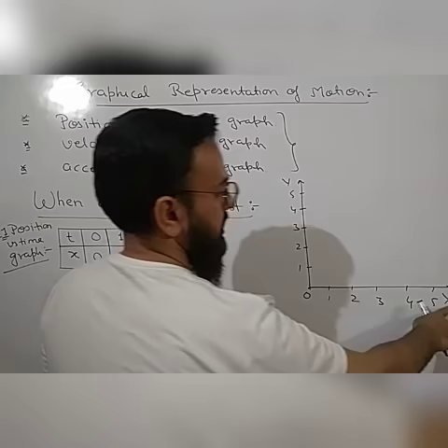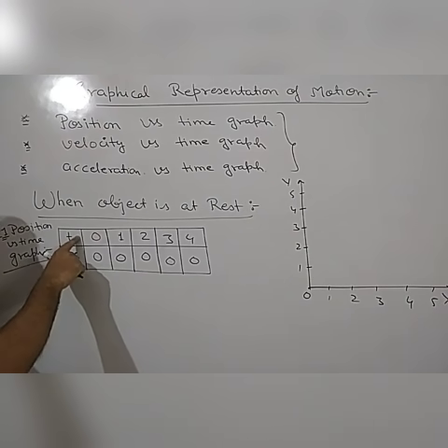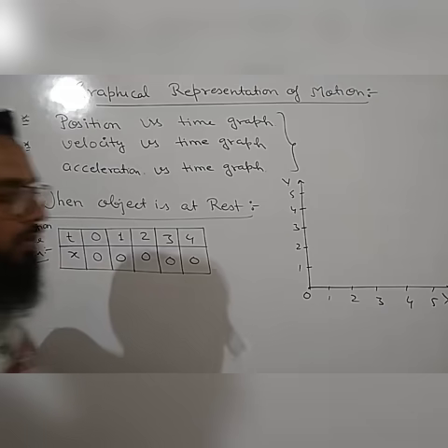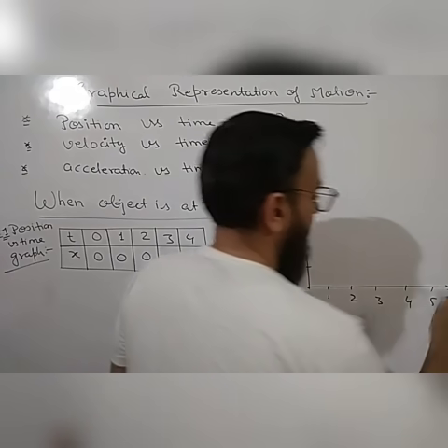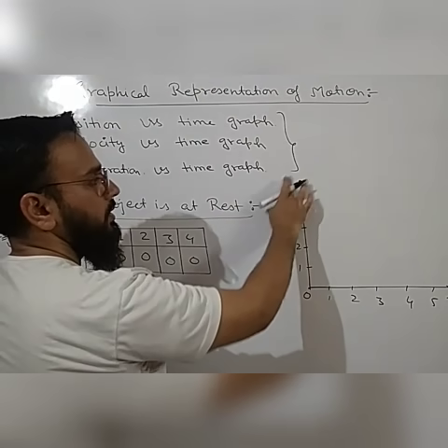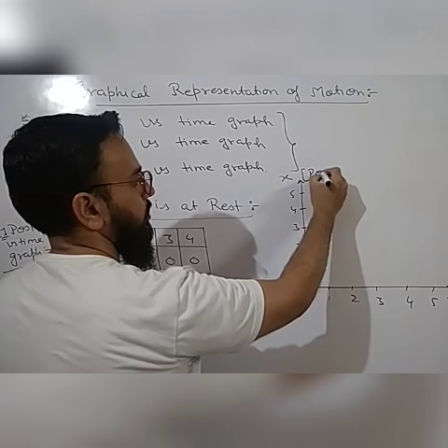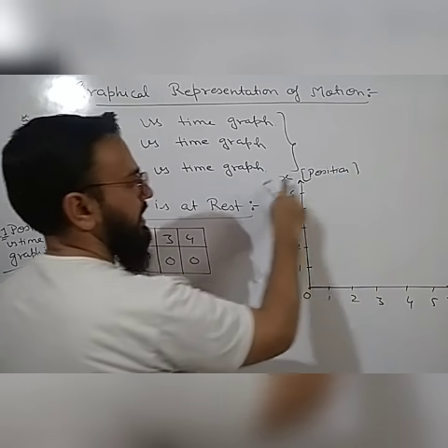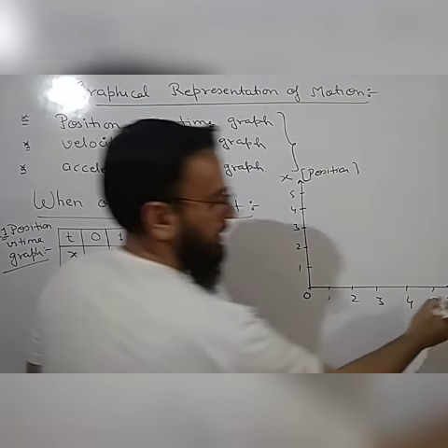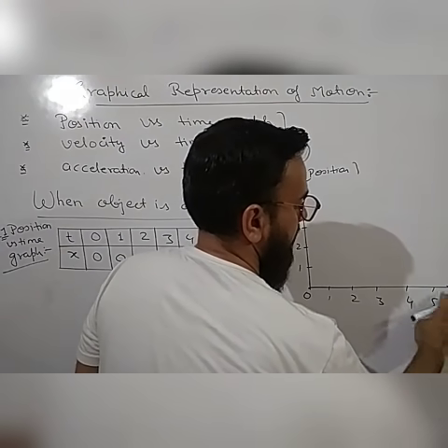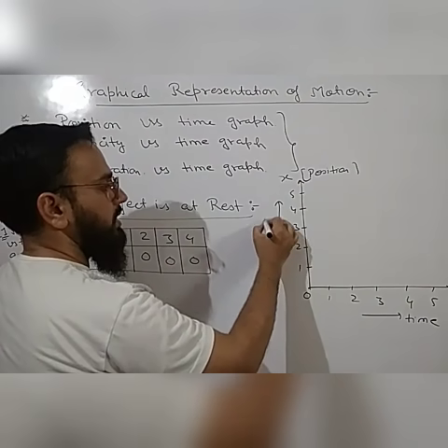Now this is an xy axis, but I will consider time on the x-axis because time is changing. So time will be taken on the x-axis and position will be taken on the y-axis. Position I am writing as x. This x doesn't mean the x-axis; it is representing position, and the horizontal axis is representing time. So it is the time axis and it is the position axis.